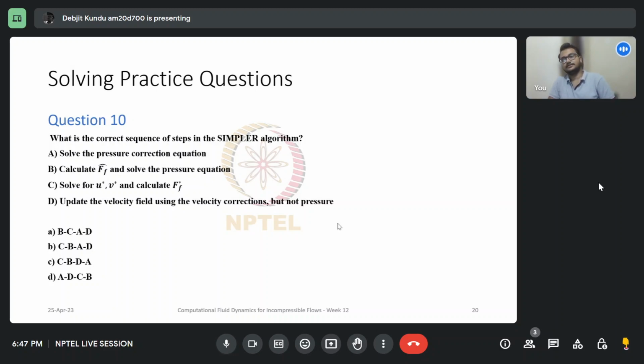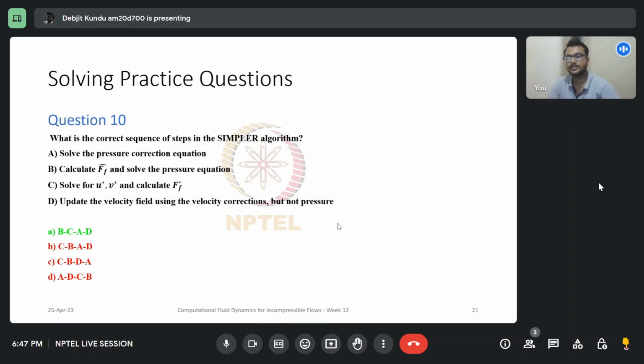And then step D says update the velocity field using velocity corrections but not pressure. So let's have a look at the solution.